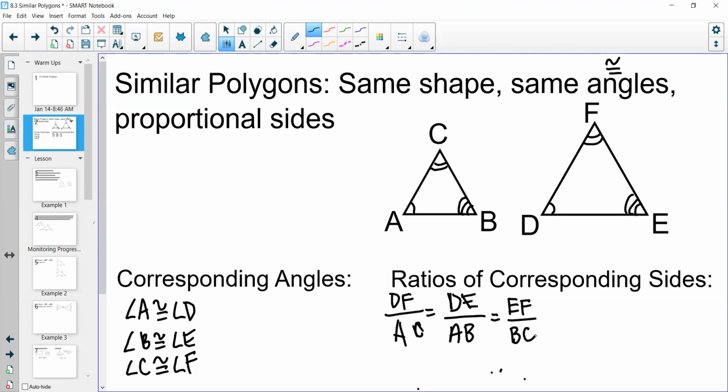Now notice how those corresponding points are corresponded in these statements. The ratios of the corresponding sides actually all need to be equal, and they need to be equal to this K, which is actually our scale factor.